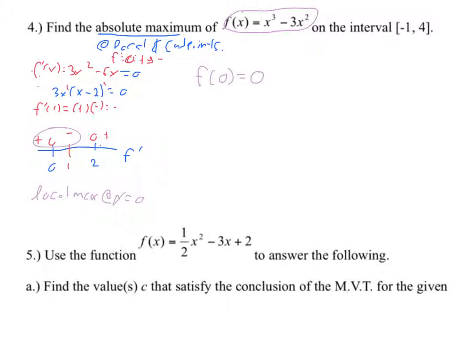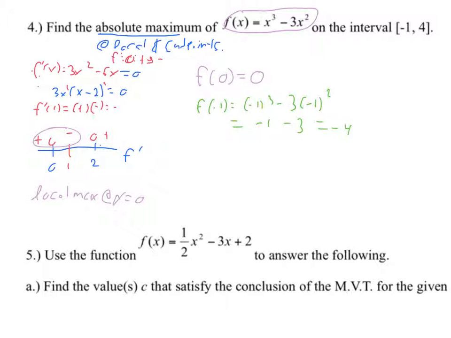What is f of -1? f of -1 is equal to -1 to the third minus 3 times -1 squared, which is equal to -1 minus 3, which is -4.